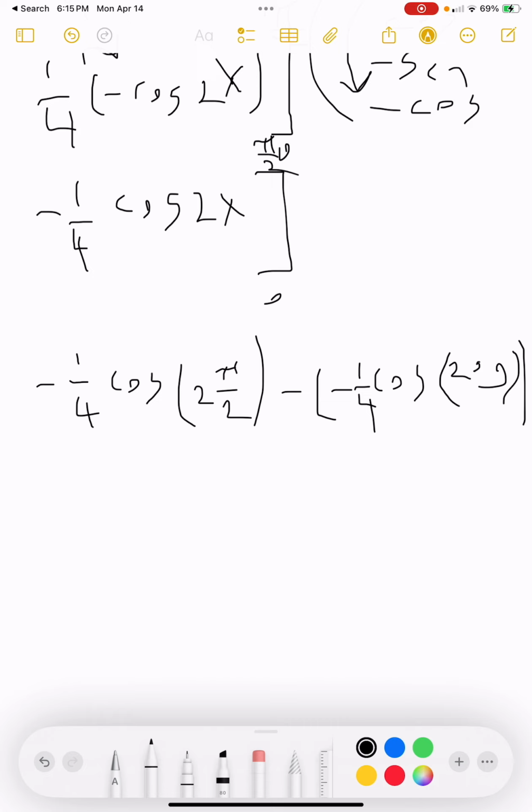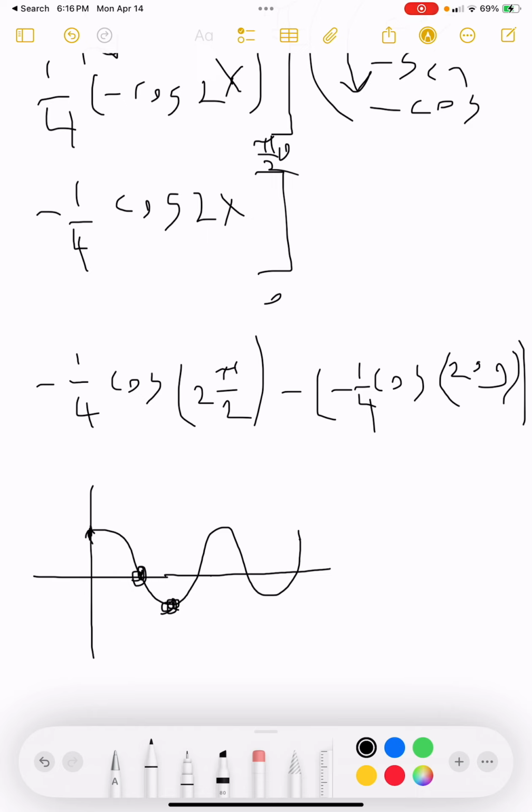Alright, so if we look at our cosine graph, it looks a little bit like this. This is 0, this is pi over 2, this is pi, and so on and so on, alright?